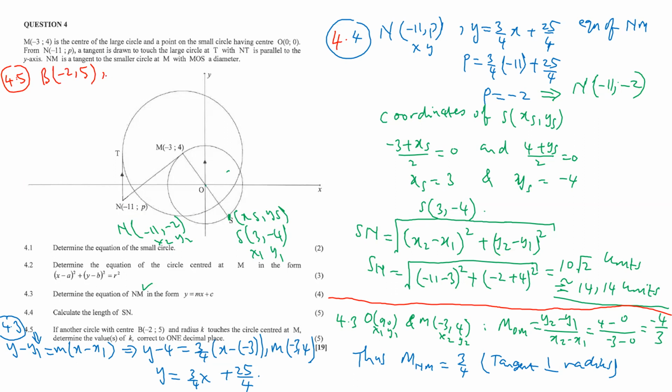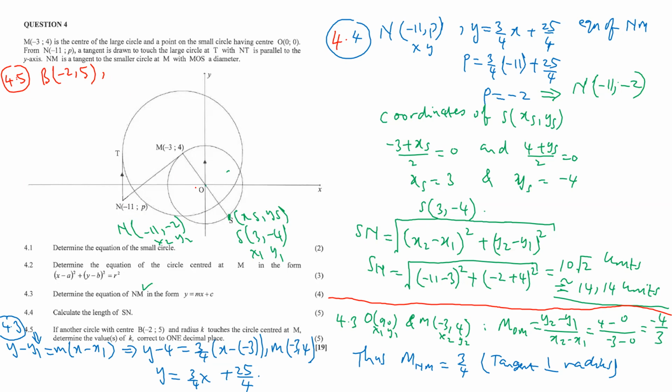If another circle with center B and radius K touches the circle centered at M, determine the values or value of K.